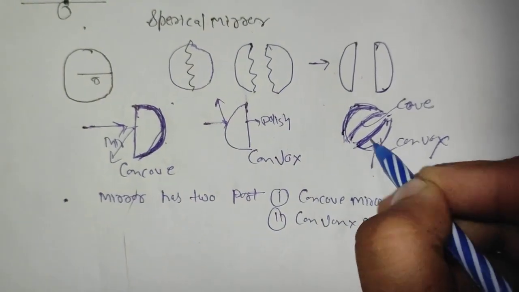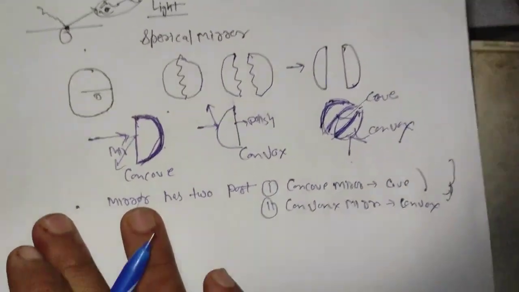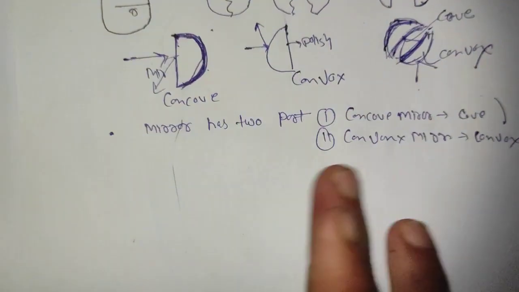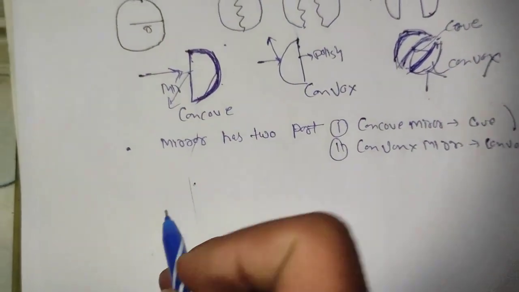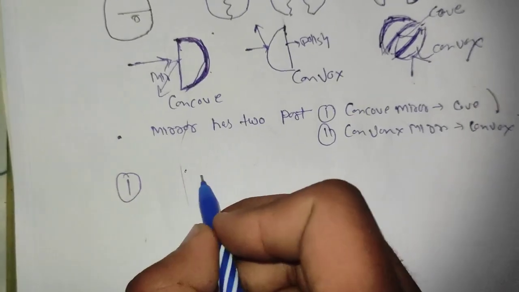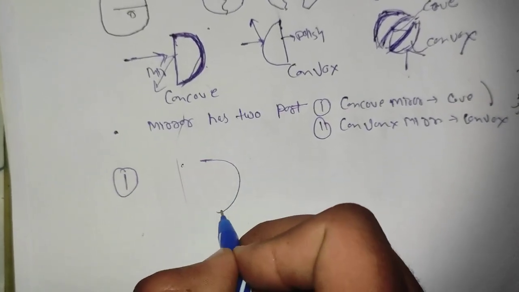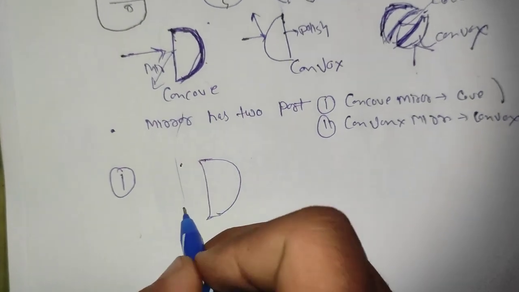The light is reflected. I hope you understand what I am saying about concave and convex. Let's imagine the same thing here. I use the concave mirror because it is easy to understand and draw.